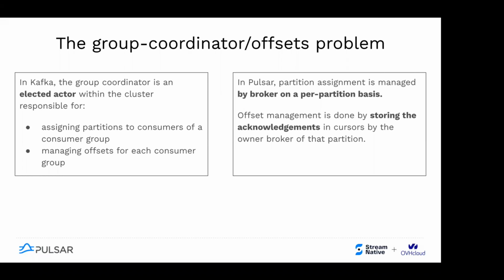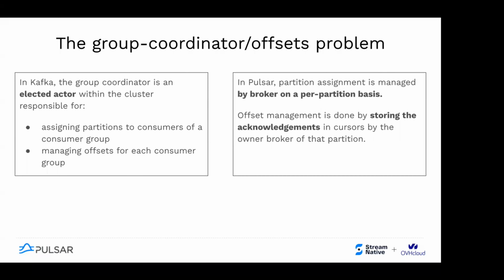So I will briefly go through the group coordinator and offset problem. In case you don't know, in Kafka there is this thing called the group coordinator. It's an elected actor, and it's responsible for a lot of things, such as assigning partitions to consumers of a consumer group, and it's managing offsets. So that's the group coordinator problem.